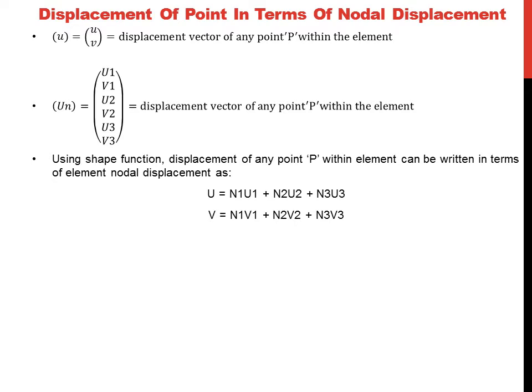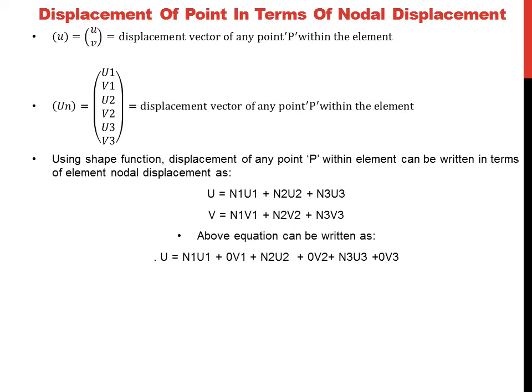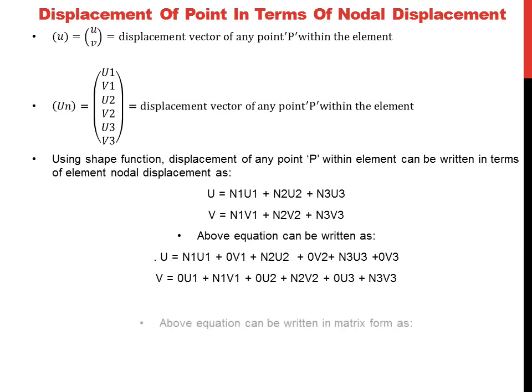Also V, that is the vertical displacement at point P, is equal to n1 v1 plus n2 v2 plus n3 v3. Now the above equations can be written, rearranging the terms, as U is equal to n1 u1 plus 0 into v1 plus n2 u2 plus 0 into v2 plus n3 u3 plus 0 into v3, because for the horizontal displacement there is no vertical contribution, and same for the vertical displacement, the horizontal contribution is 0.